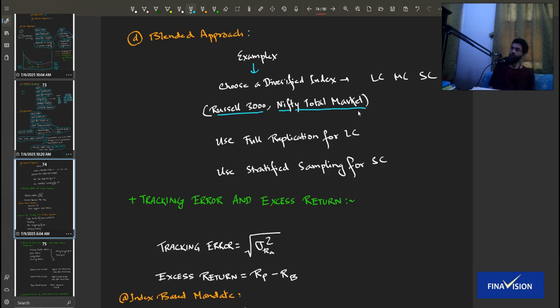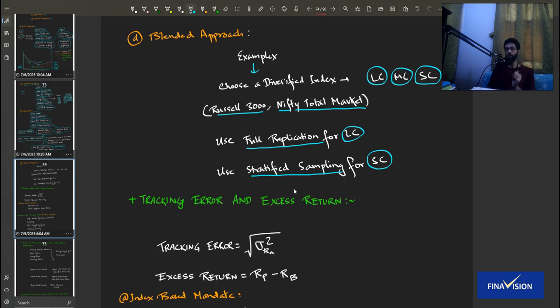Now this kind of index may contain large caps or mega caps, mid caps and small caps, all three kinds of stocks. Now for different segments of the index, different strategies are used. For example, for the large cap segment, full replication is used, and for the small cap segment, stratified sampling is used. Now this is a combination of two methods to create a single portfolio.